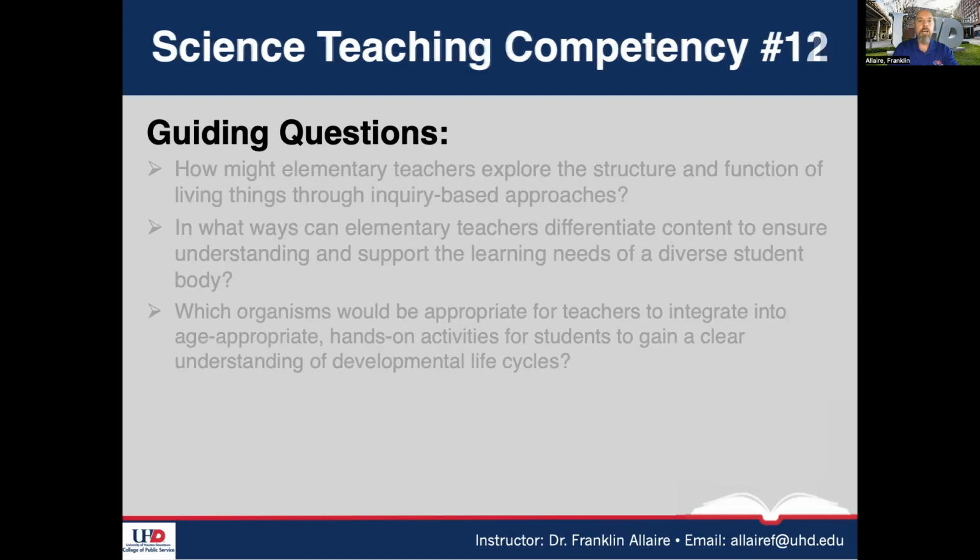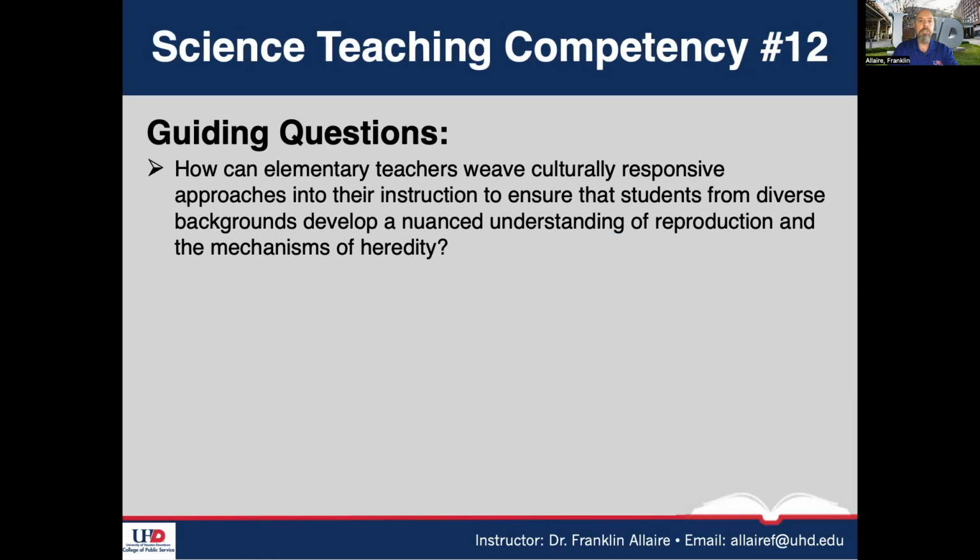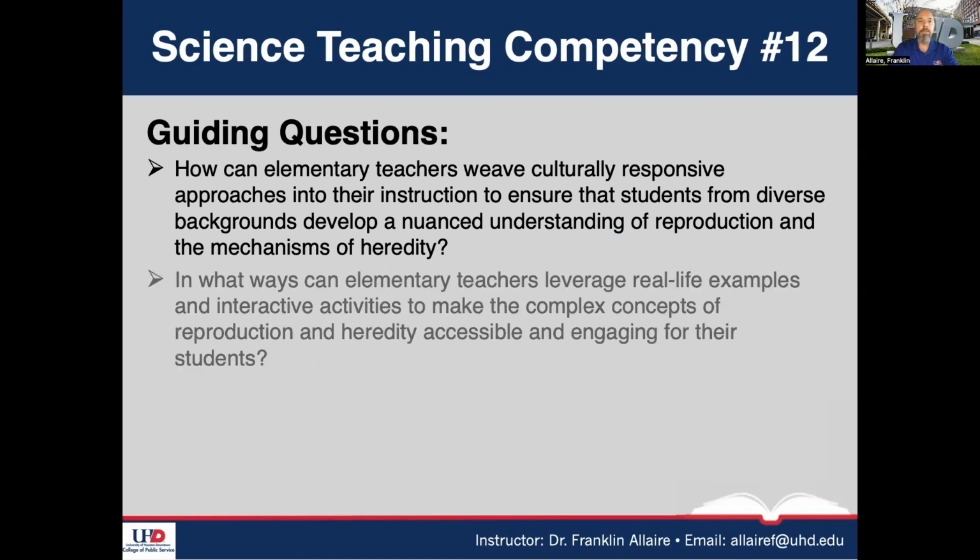For science teaching competency number 12, we'd like you to think about how elementary teachers can weave culturally responsive approaches into their instruction to ensure that students from diverse backgrounds develop a nuanced understanding of reproduction and the mechanisms of heredity.